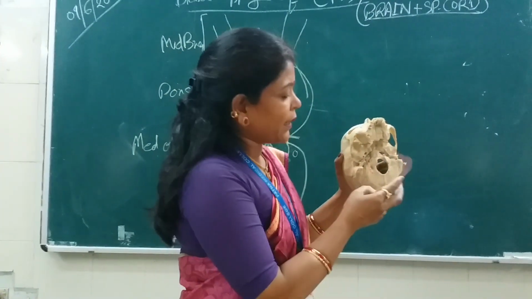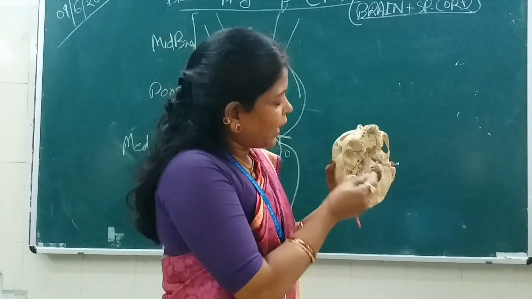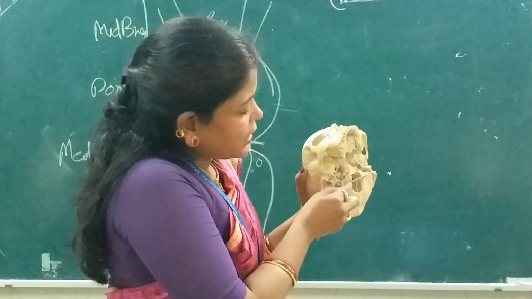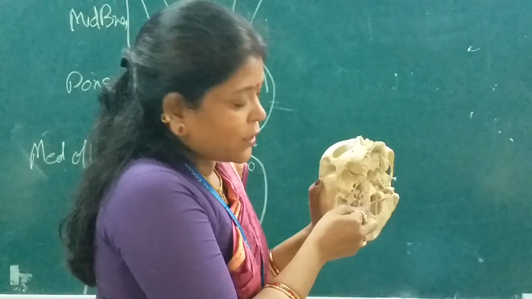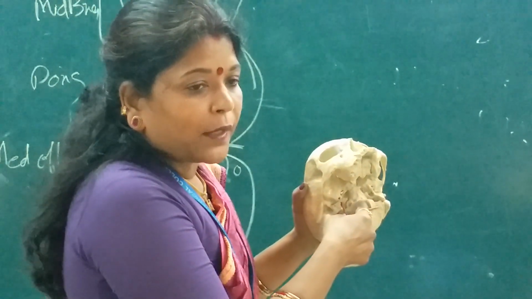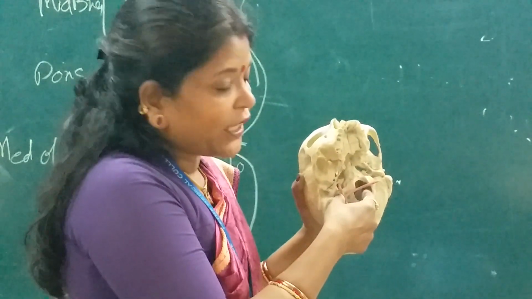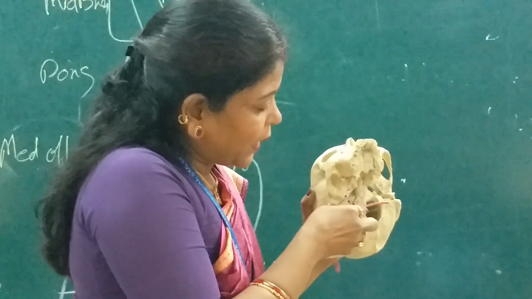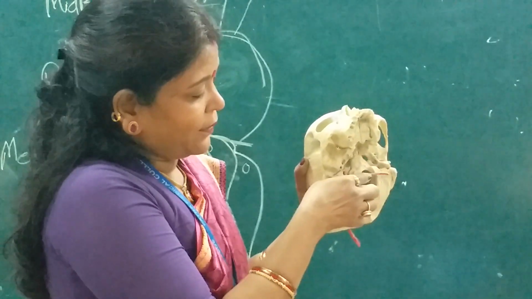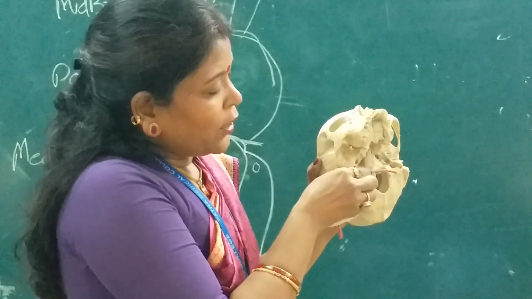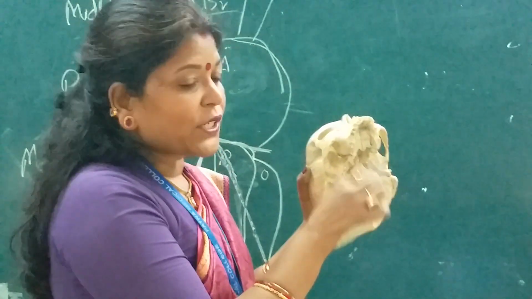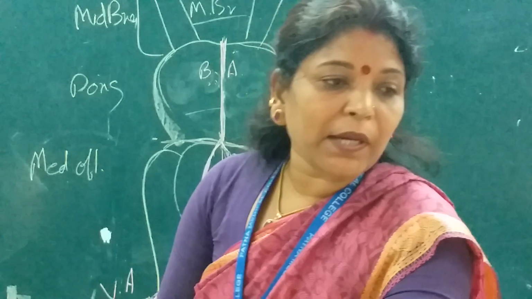this foramen magnum is the largest foramen, as I have already discussed, and it is divided into two compartments. One compartment is anterior, a smaller compartment, and one compartment is posterior, the largest compartment. So a structure is dividing it into two halves, the anterior compartment and the posterior compartment of the foramen magnum.